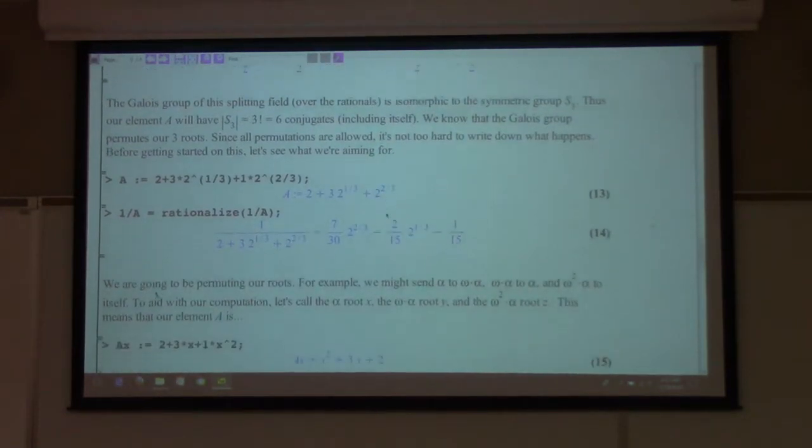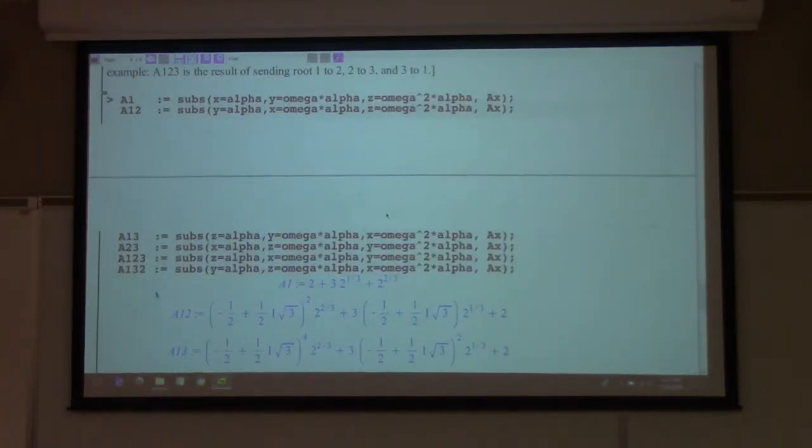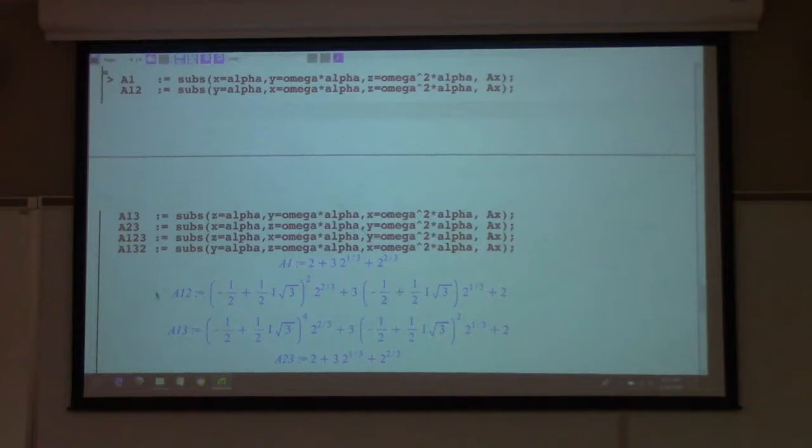Anyway, my point here is not to teach you Maple, so let me not be distracted. Okay, moving on. However exactly I'm misunderstanding this code, not terribly important. The point is that this is the element that we're looking at, and these 1, 2, 3, 4, 5 are the non-trivial Galois conjugates.